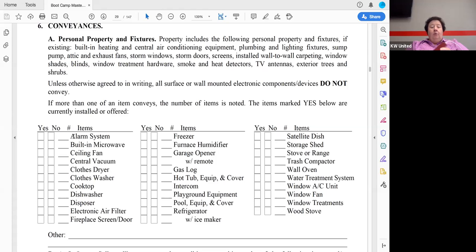We'll get more in depth with that in the contract, but I want you to understand that when the alarm system or an intercom system is sitting in a wall, the hole in the wall was there with it sitting in there, it remains there. The only change is that you've asked the device to be removed. The seller is not obligated to fix that hole unless the buyer requests it. This comes up a lot.